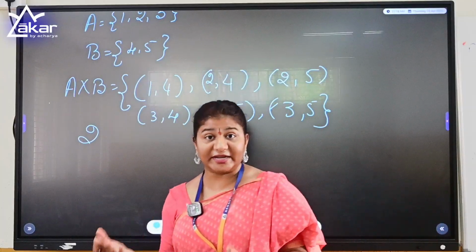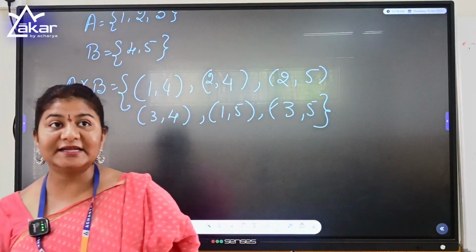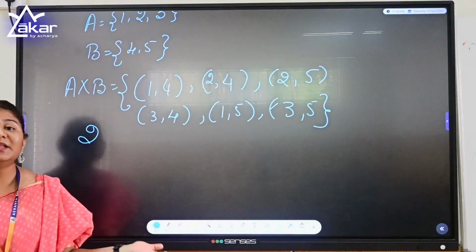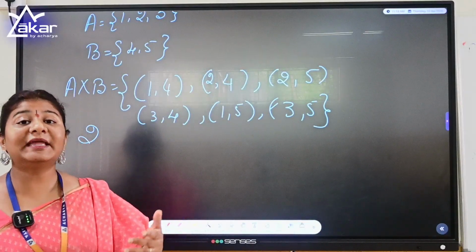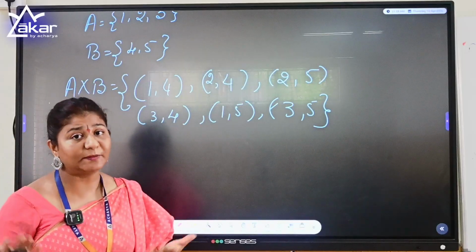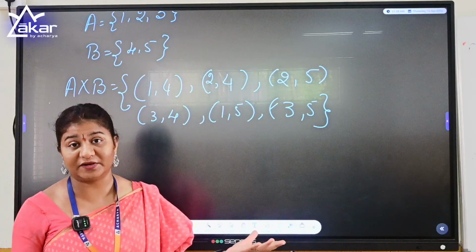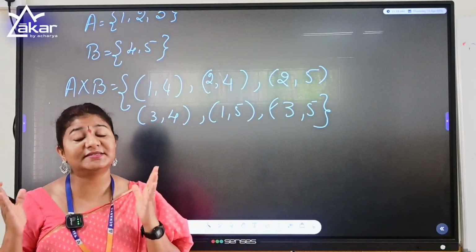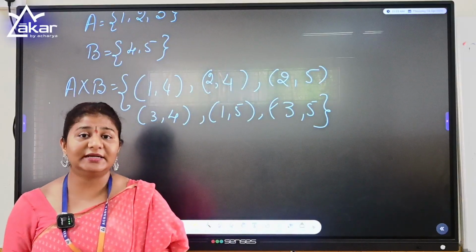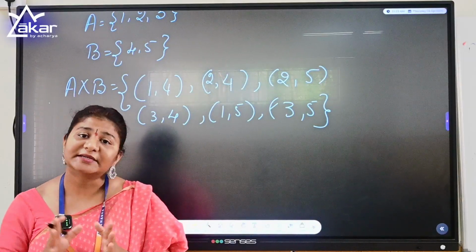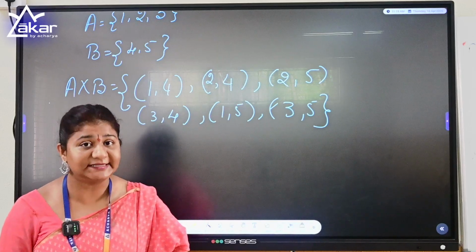It may be greater than, less than, similar, equal, parallel or perpendicular. It may be any kind of relation. If the relation is satisfied by the given Cartesian product, then we call it a subset of the Cartesian product. That is, we call it a relation.